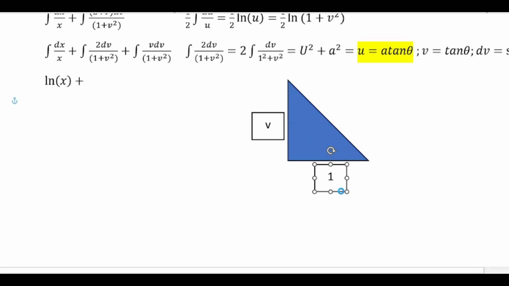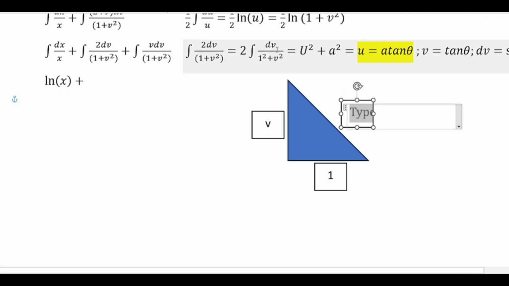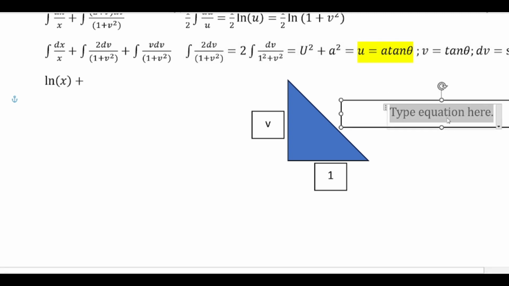And then simply, our hypotenuse is the square root of 1 squared plus v squared.